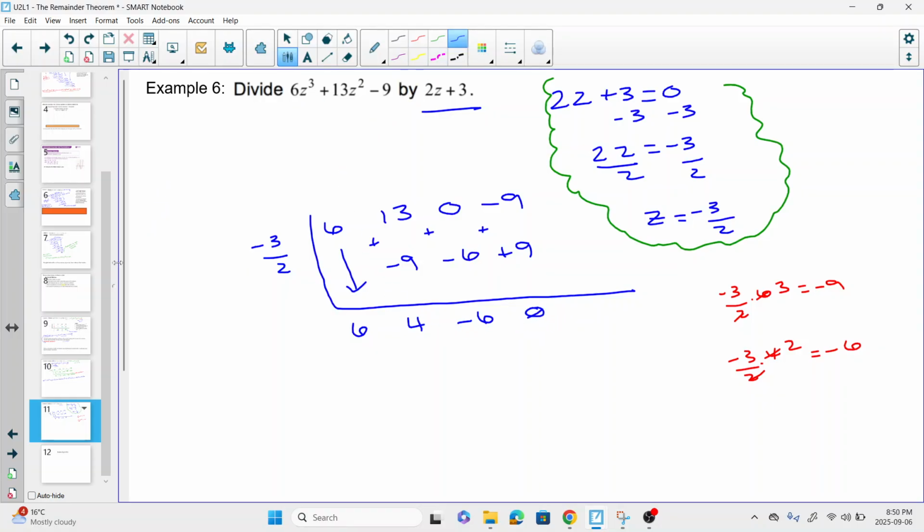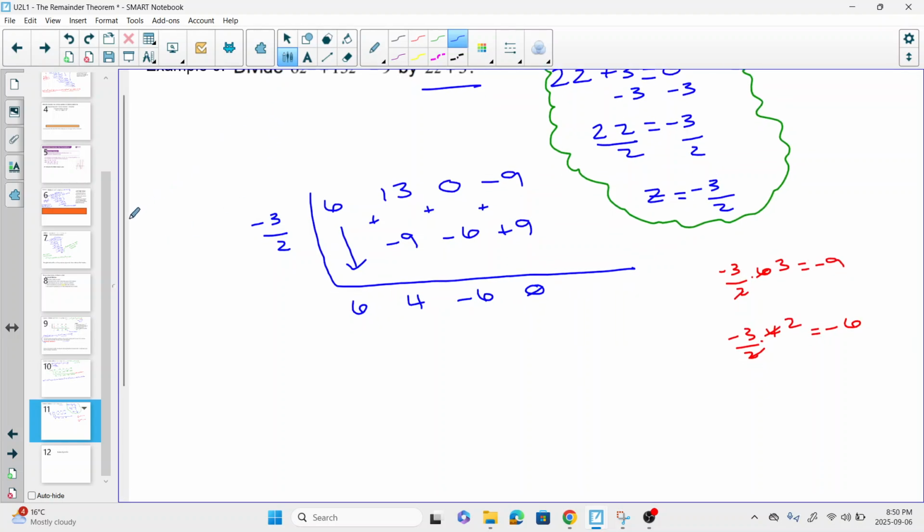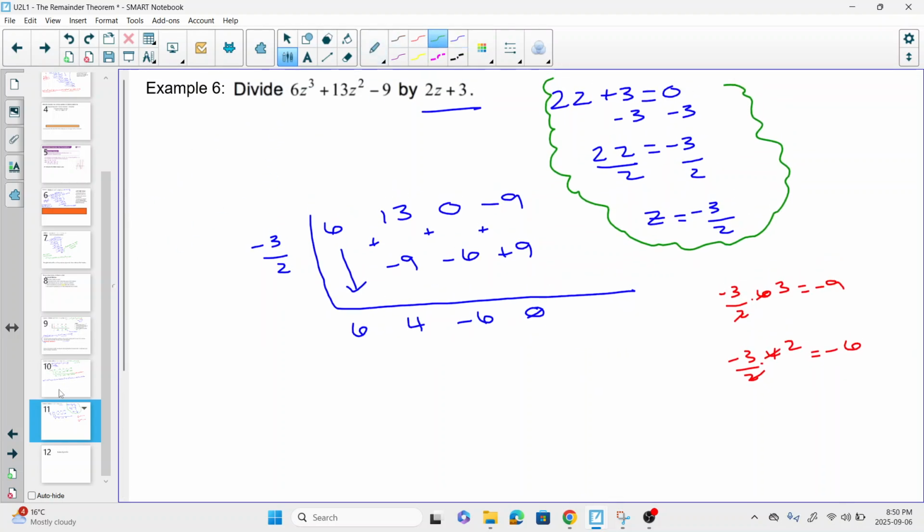And so if we wanted to write this as a division statement, we could say therefore 6z cubed plus 13z squared minus 9 is equal to our divisor, which is 2z plus 3, multiplied by, and again the tricky part is pulling out the quotient from the synthetic division.